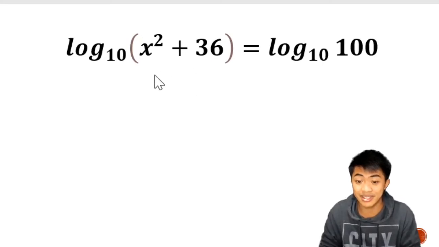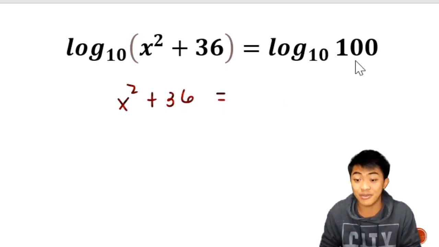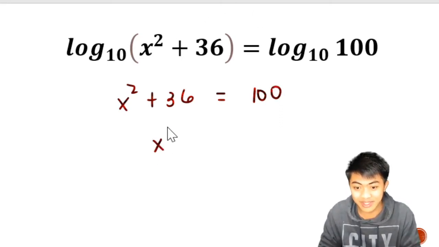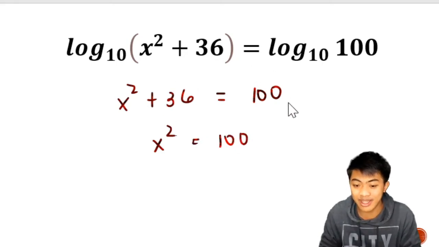So the argument of this log is x squared plus 36, and the argument of this log is 100. We now solve for x. So x squared plus 36 is equal to 100. If we bring this to the other side, it will become negative 36.